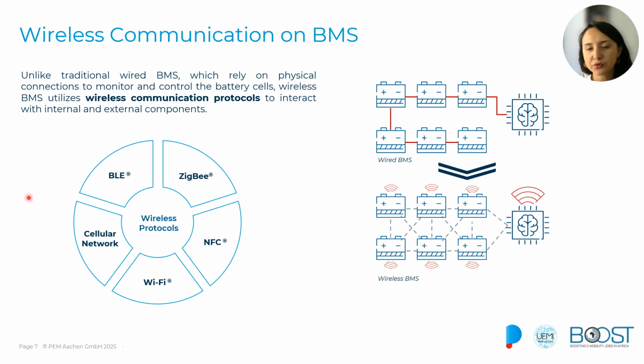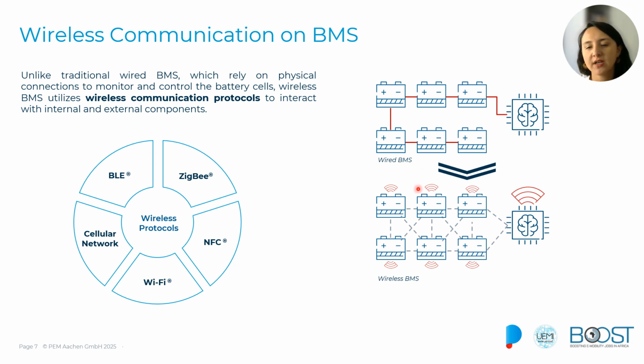There are different protocols that you might see in the integration of wireless BMS. We have, for instance, Wi-Fi, Bluetooth Low Energy, Zigbee, NFC, and even cellular networks for broader coverage can be used in these strategies.